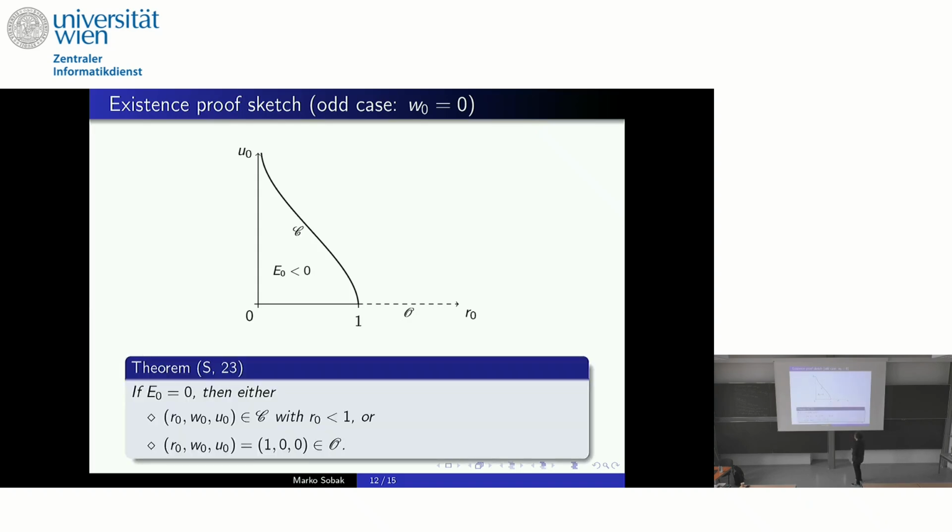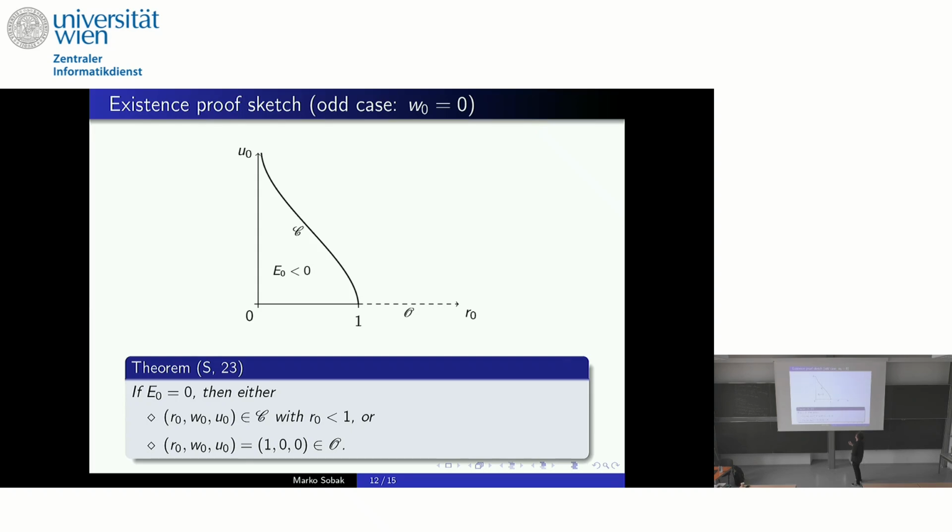Then we have the first part of the energy theorem, which I like to call the low energy theorem, because here we're assuming that the initial energy is equal to 0, and then you can show by an analysis of the initial conditions that either your solution is in C, so that it crashes with R0 less than 1.